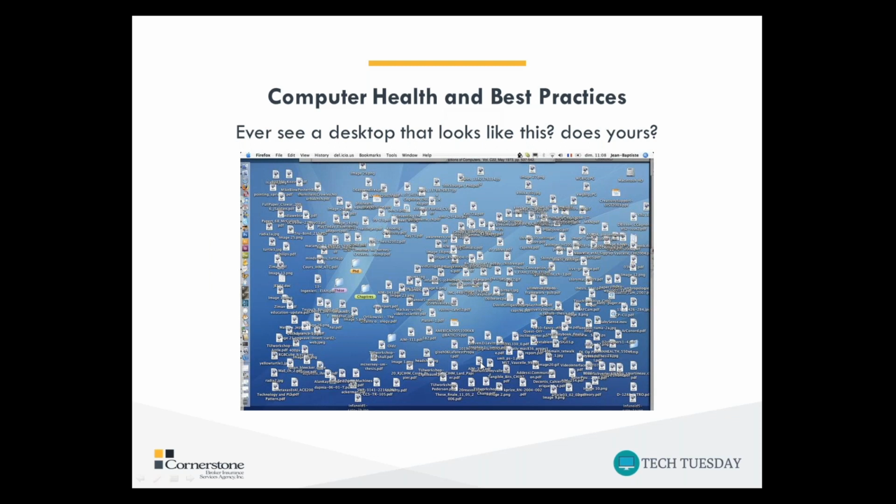That being said, does your computer look a little something like this when you turn it on? This is actually really bad as far as an example goes. I don't think many people have a desktop that looks like this exactly, and at least this scattered, but some people do.